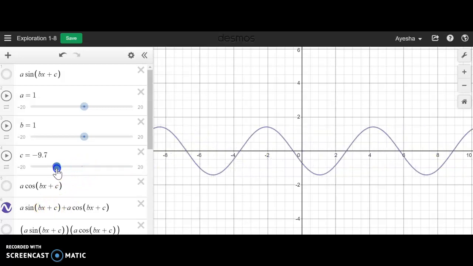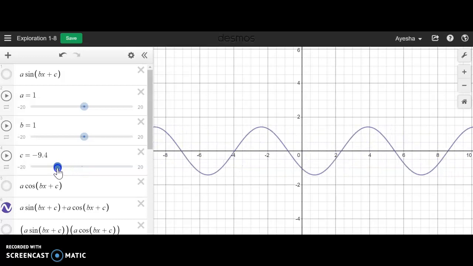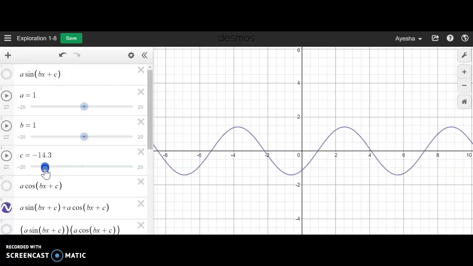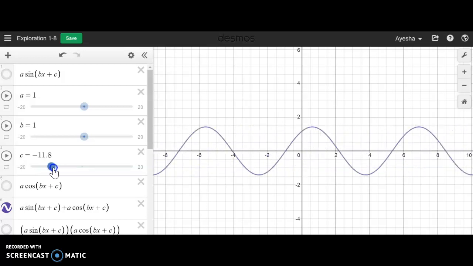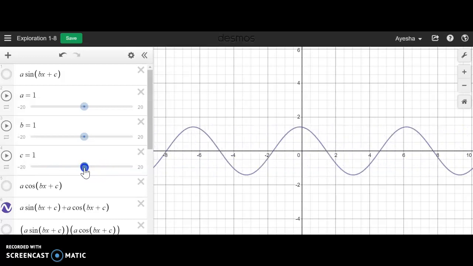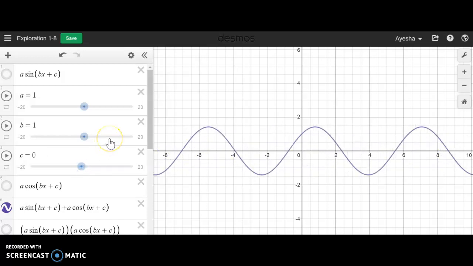As c gets more negative, it's moving to the right, or to the positive side. But when we have c as positive numbers, it's moving to the negative side. That also makes sense based on our previous knowledge of these two functions.